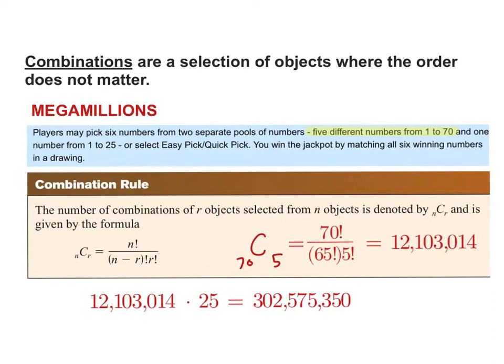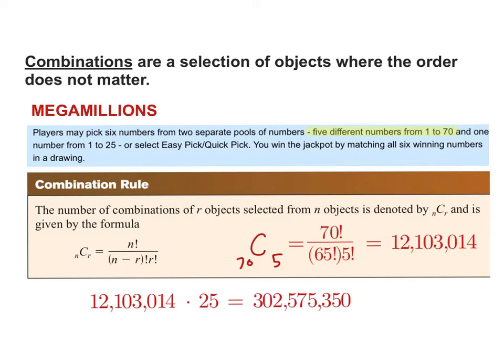That could be a full-time job right there, just filling out the Mega Millions tickets. I don't know how long it would take you if you did one every 30 seconds. So you got 2 done per minute. And you'd have to fill out 300 million. Like, that would take a long time to do. Okay? So that's how you win the Mega Millions.